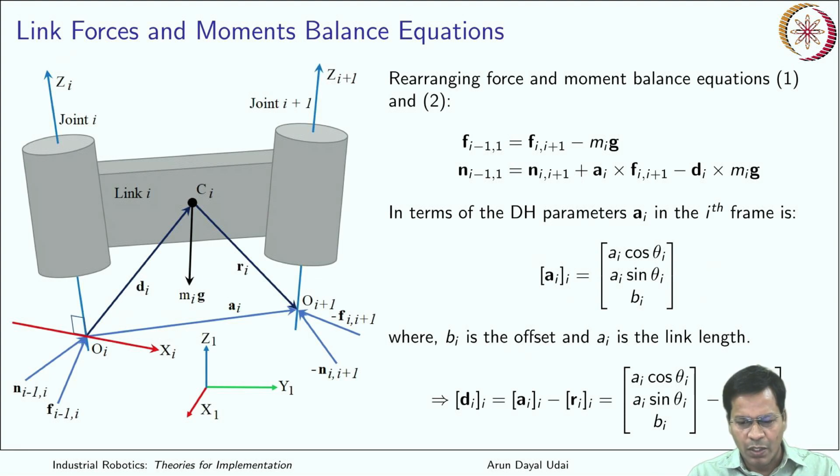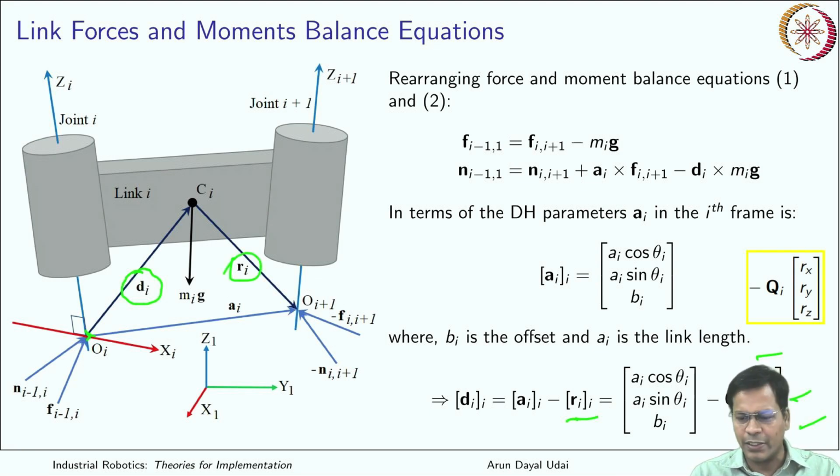Next is your closed vector triangle, that is made out of Di, which is in ith frame already. Ri in ith frame, it is nothing but Rx, Ry and Rz. Let us say these are the three components which are there for this Ri. This is a known vector. You know the center of gravity location with respect to OI plus 1th frame. This is your Ai in ith frame. So D plus R gives you A. So it can be written like this. Quite trivial.